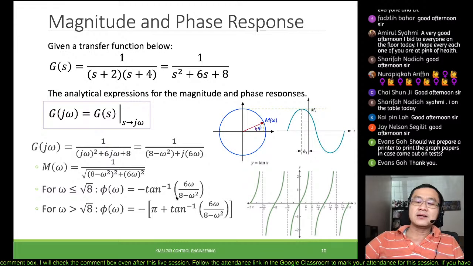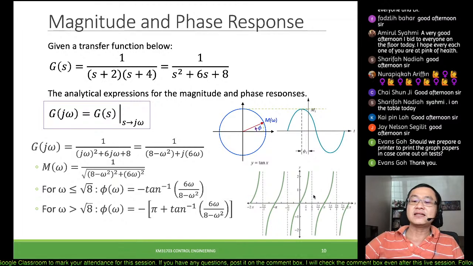Therefore, what we can do now is see what happens when the lowest value, the bottom side, becomes 0, because tangent will deal with infinity. This occurs when omega equals square root 8. When you square square root 8, it becomes 8, and 8 minus 8 becomes 0.